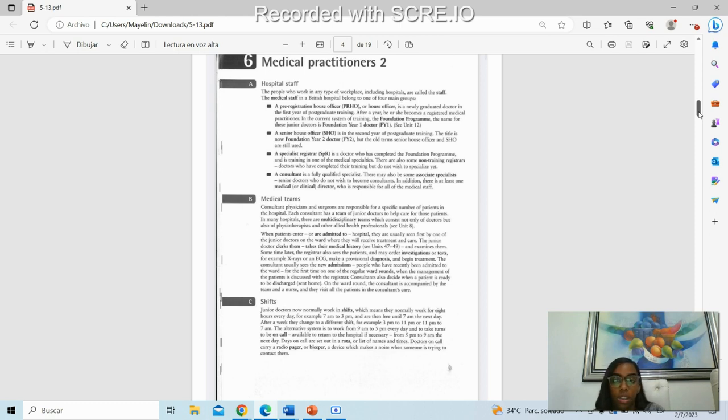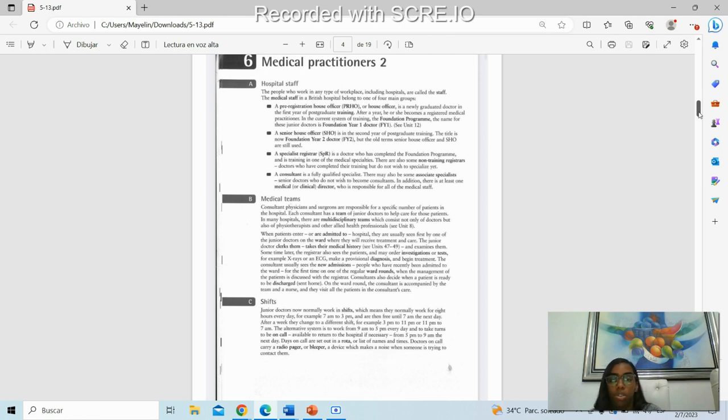In many hospitals, there are multidisciplinary teams which include not only the doctors but also physiotherapists and other allied health professionals. When patients enter or are admitted to the hospital, they are usually seen first by one of the junior doctors on the ward where they will receive treatment and care.